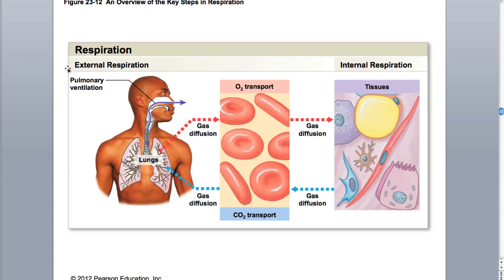Instead of using this one, I've just moved this term over here. So we have pulmonary ventilation, which would be this picture. Then we would have external respiration, which would be this picture. And then we have internal respiration as is. So pulmonary ventilation, external respiration, and then internal respiration. And all of those together make up the word respiration. Next slide.